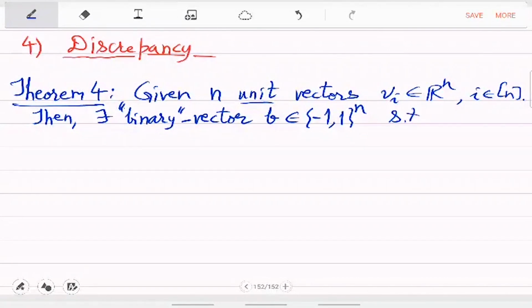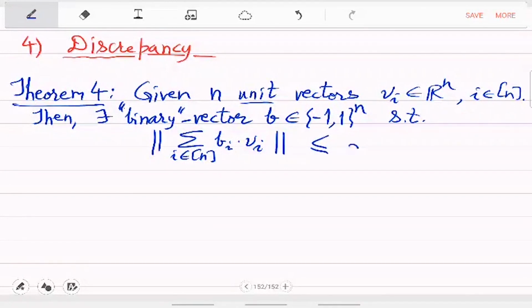such that if you look at the linear combination of the Vi's with these signs, i from 1 to n, this length is at most square root n.